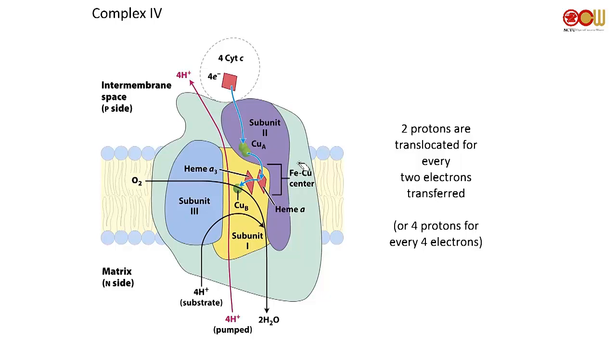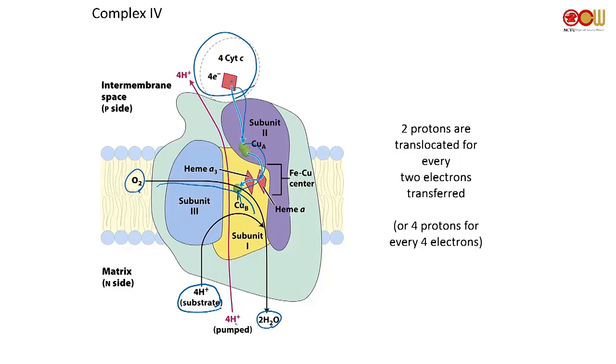All right, complex 4 is somewhat easier. Complex 4 is essentially where cytochrome C comes in and interacts with complex 4. Cytochrome C passes the electrons to copper, to another copper, to another copper, and then you interact with O2. You have substrate protons on the matrix side. 在 matrix 那一面，你拿4个 proton 去跟 O2 结合，然后你形成 water.